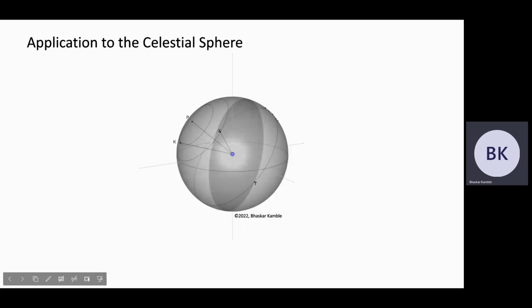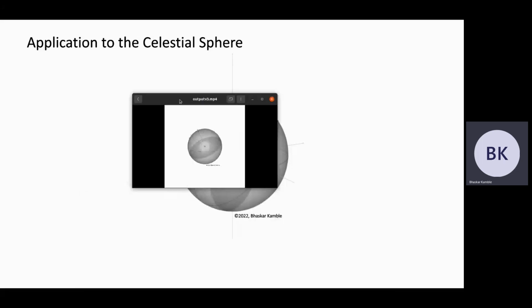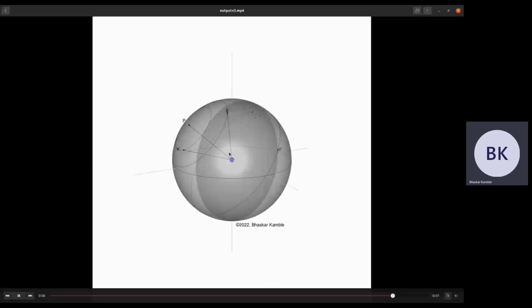I've just made a video here so that you can have a look at what it looks like. The Earth rotates, but because of the Earth's rotation, everything else appears to rotate from east to west. Gamma is the point of equinox, which rotates along this circle of the celestial equator.